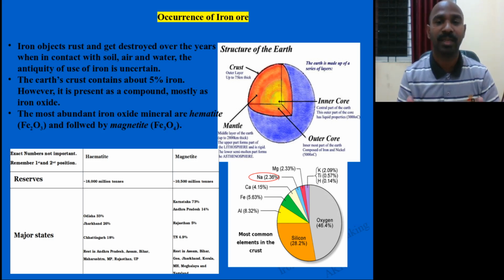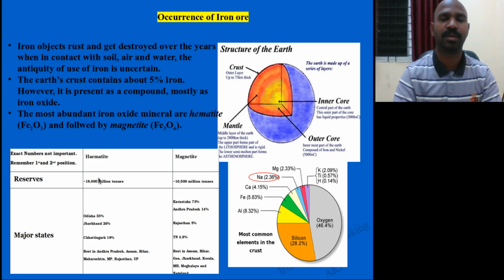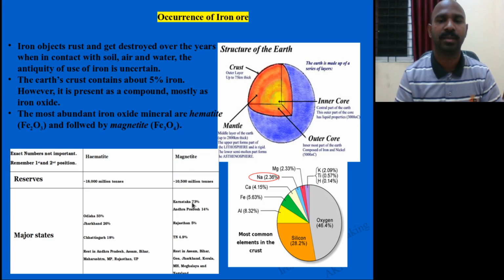As a source of hematite, if you see the major states and reserves, you don't need to remember all those things, at least remember the first and second positions. And coming to the magnetite, Karnataka has 73% of magnetite, Andhra Pradesh 14%, but overall reserves are 18,000 million tons of hematite in entire India and 10,500 million tons of magnetite.